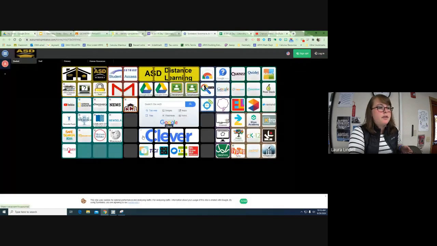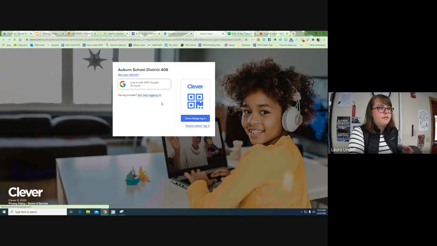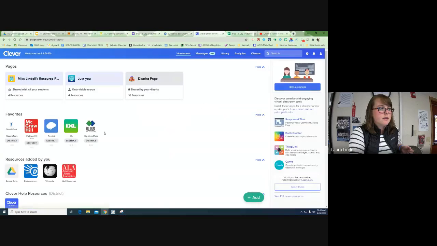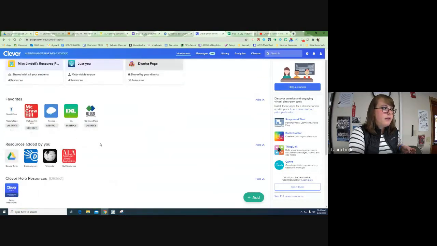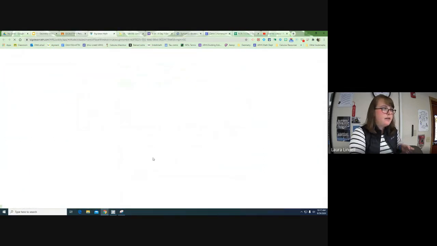And remember, you can always click on Clever from there and then click on Big Ideas after that. You might have to scroll down to find it, but it'll be there, Big Ideas. And then you can click on your assignments out of there if you would like to. So that's just another option if you were unable to get to it.